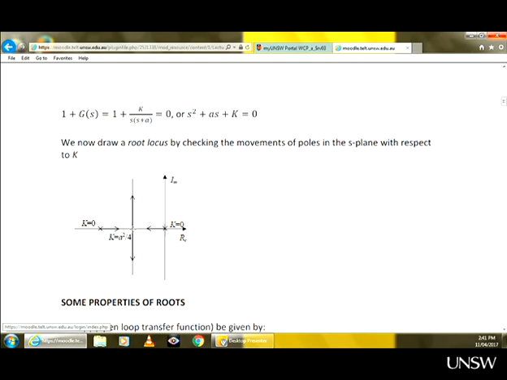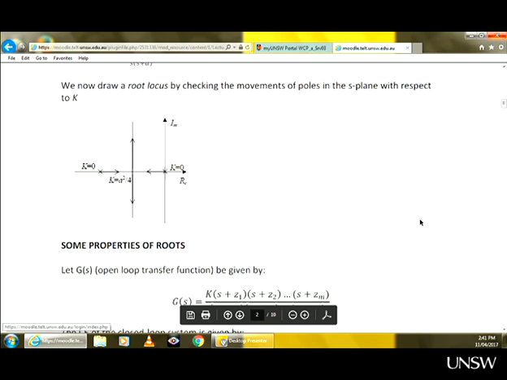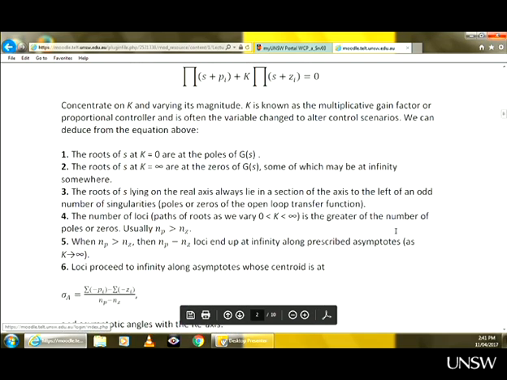As soon as they meet, you keep increasing k and then they start following straight lines all the way to infinity. Okay, so this is a relatively simple case. The only simpler case would be a first-order system with one real pole.